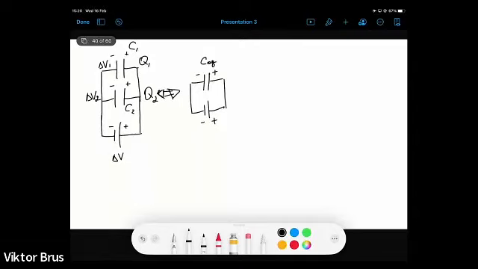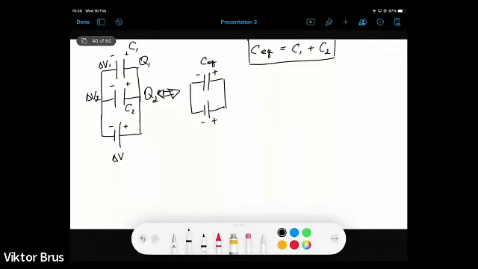Going a little bit further, for parallel connection of capacitors, we can easily add the capacitance of each capacitor and get the equivalent capacitance. So C equivalent is equal to C1 plus C2. I'm sure many of you already know this. And the question here will be, how do we come to this conclusion?